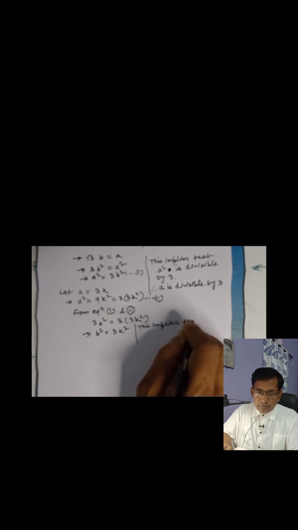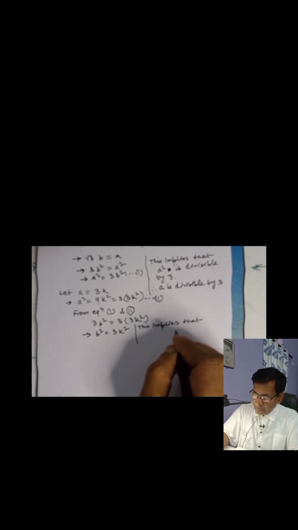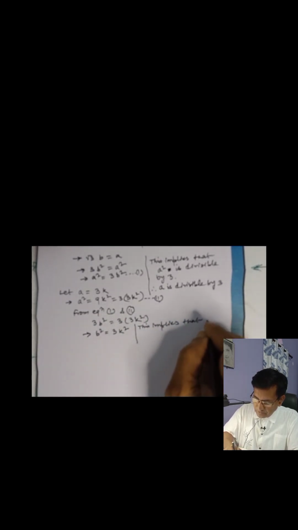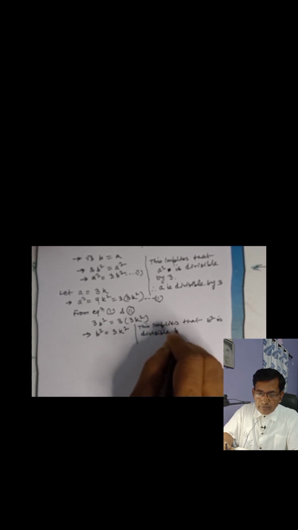Now b square is equal to 3k square. This implies that b square is divisible by 3.